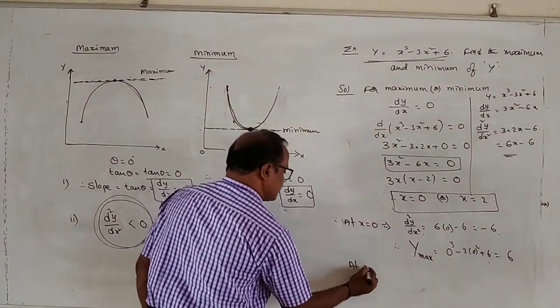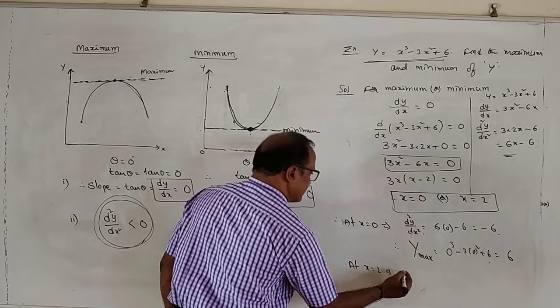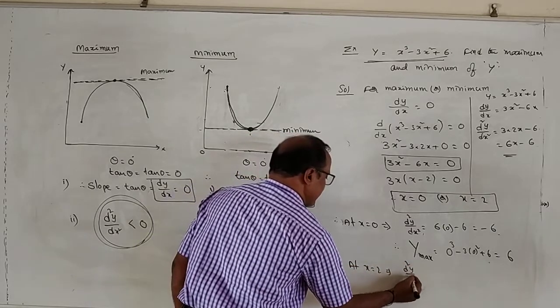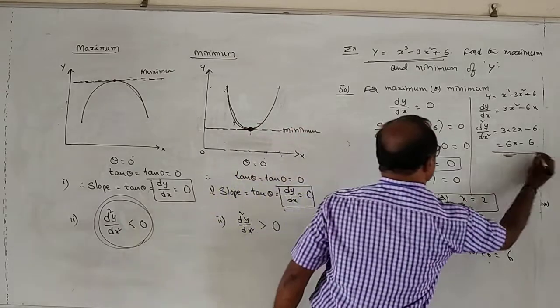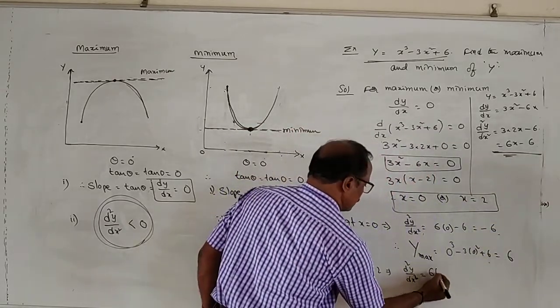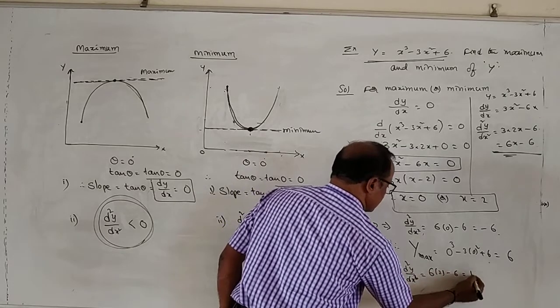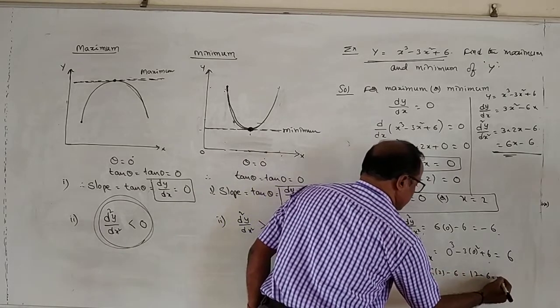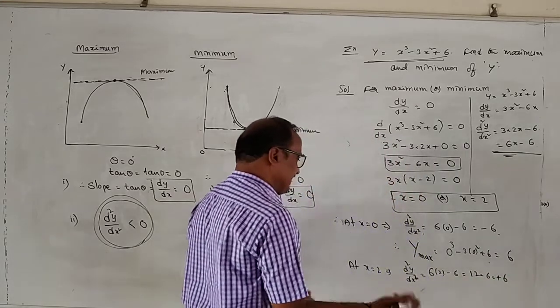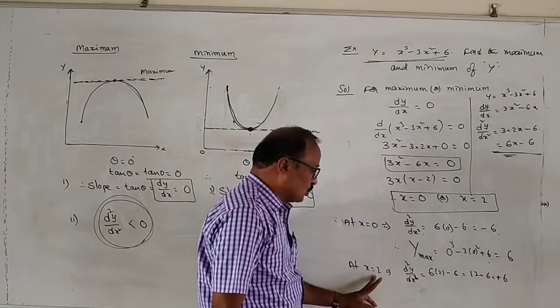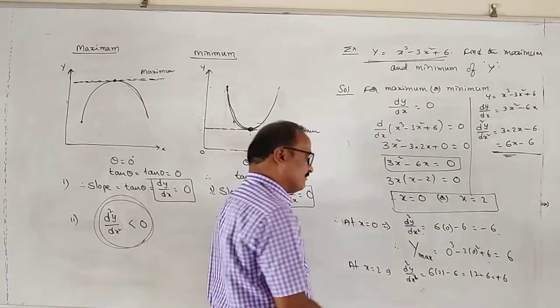Again, if x is equal to 2, what is the value of d2y by dx square? It is 6 into 2 minus 6, which is 12 minus 6, equal to plus 6. Plus 6 means it is greater than 0, and greater than 0 means at x is equal to 2, the value of y becomes minimum.